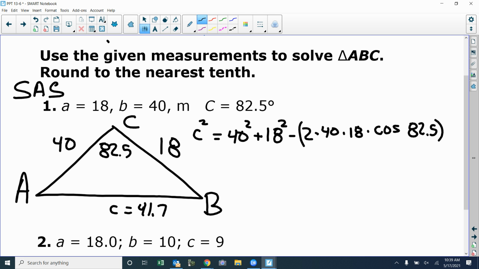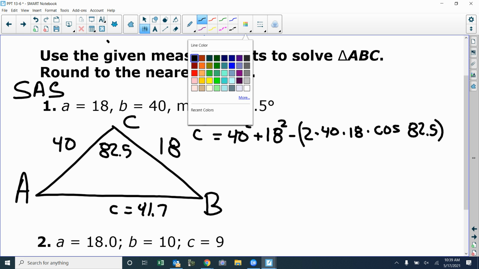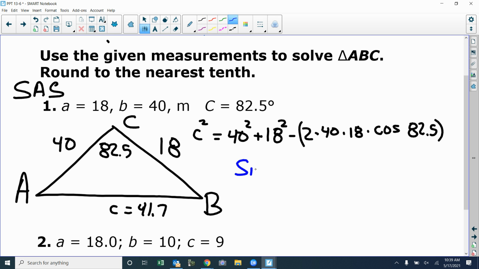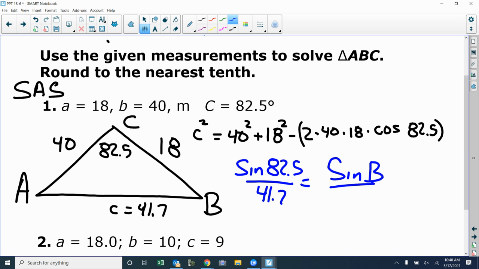Now, once we get that, of course, we can go, what? Sine of 41.7 over, whoops, that's incorrect. We want the sine of 82.5 over 41.7 is equal to the sine of angle B over side B, which is 40.